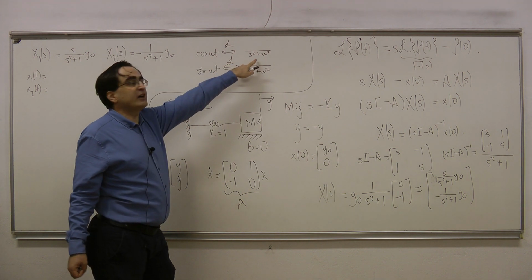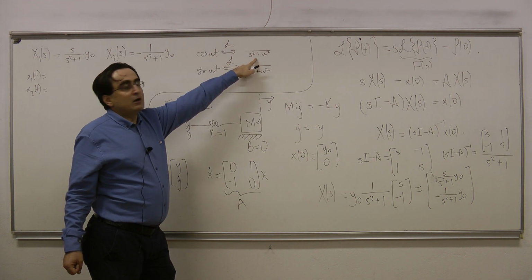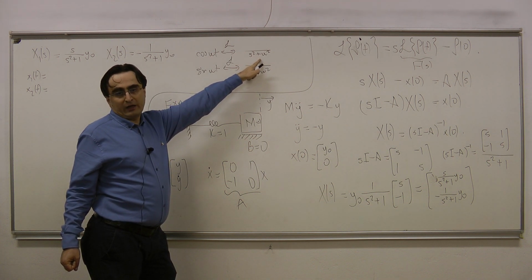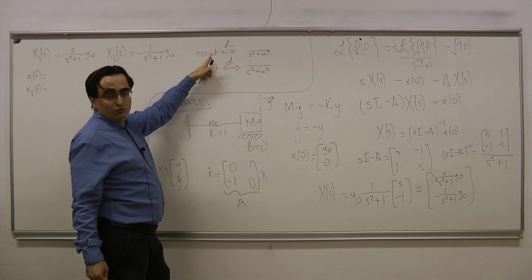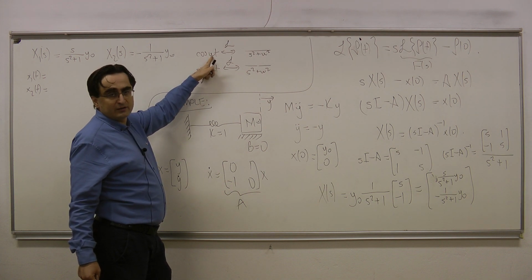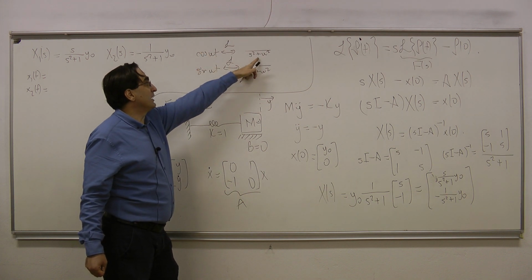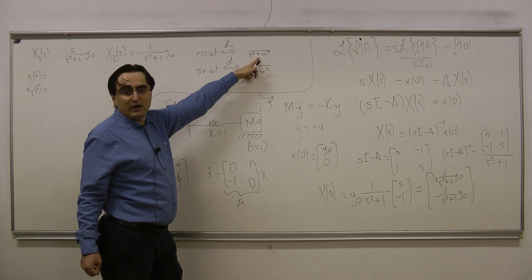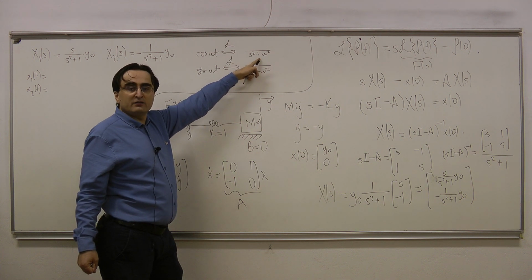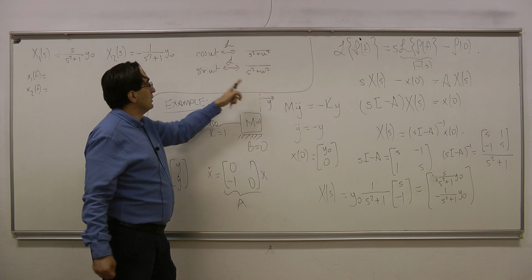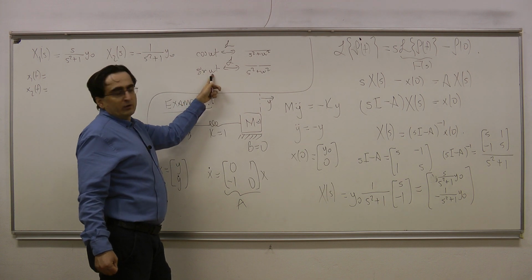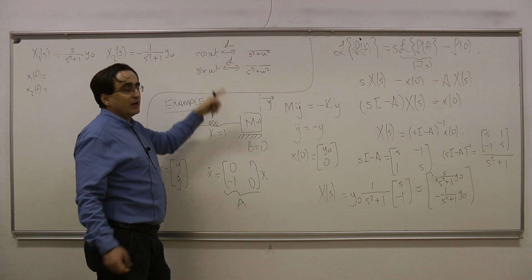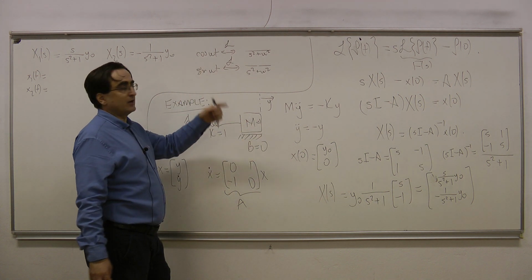That means that if I substitute in the Laplace domain minus omega instead of omega, this Laplace transform should not change, because substituting minus omega for omega does not change cosine. Okay? On the other hand, if I look at sine, if I substitute minus omega instead of omega here, the sine would be negative sine.